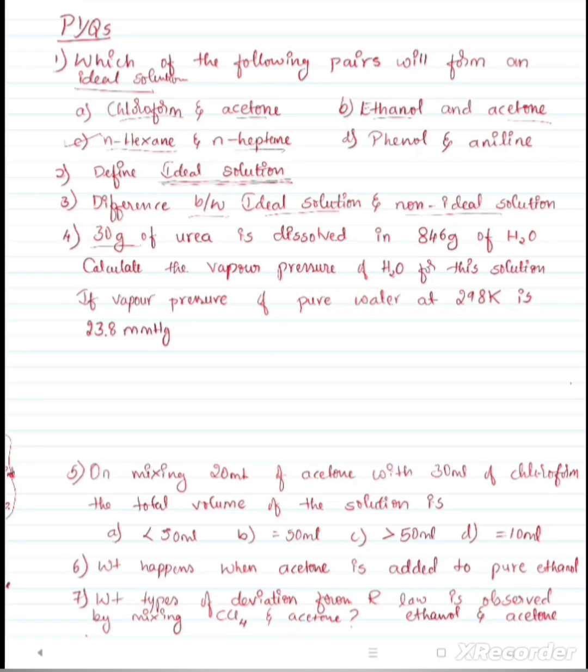Then comes the problem. 30 grams of urea is dissolved in 846 grams of water. Calculate the vapor pressure of water for this solution if the vapor pressure of pure solvent is 23.8. So according to Raoult's law, what is the formula?